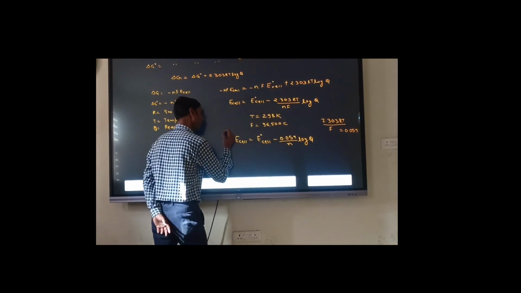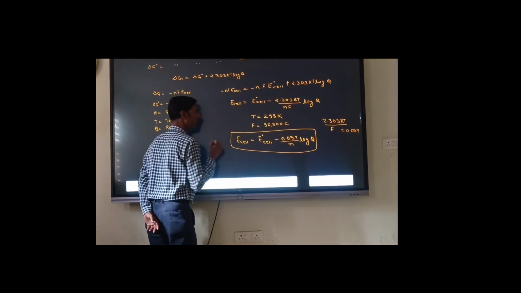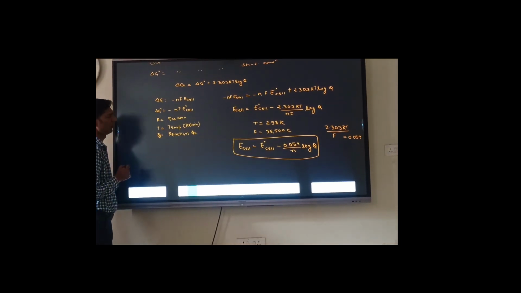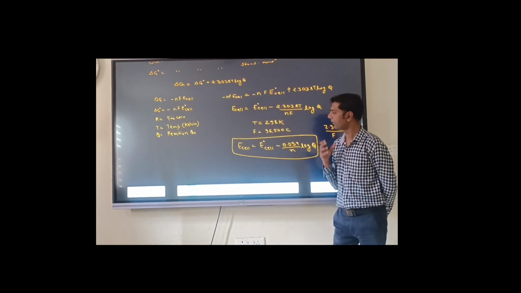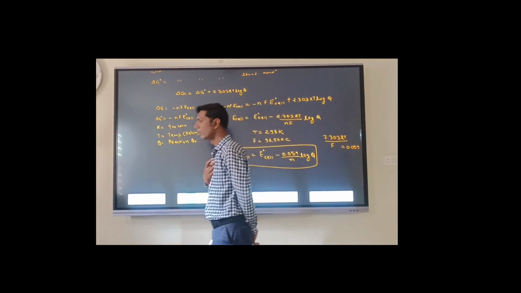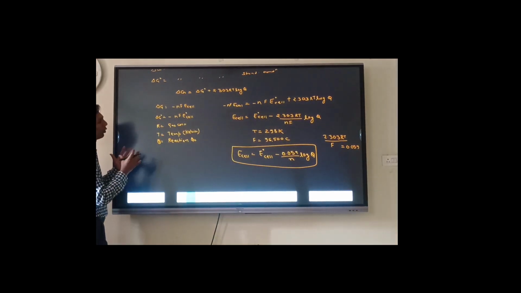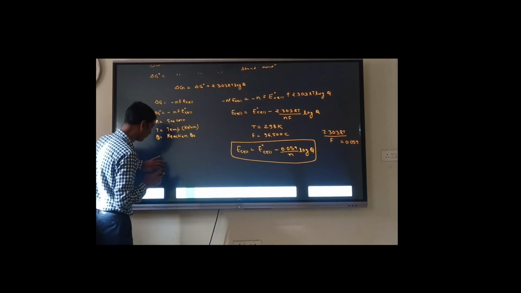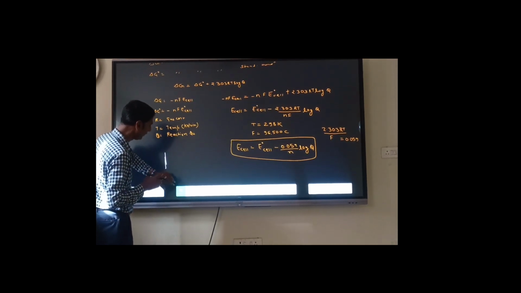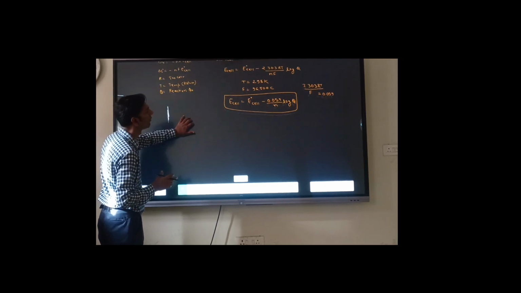So now this is called the Nernst equation. This is the equation from which I calculate the cell potential, the concept of how you calculate cell potential during the cell reaction. Now, how are we using this equation?